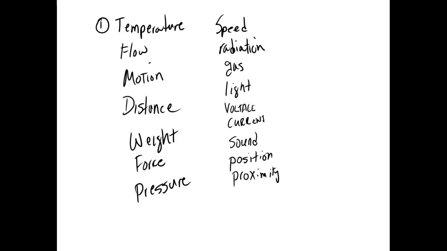Anybody know the difference between a position sensor and a proximity sensor? Well, position is where it's at within a space, right? Proximity means next to. We have a bunch of proximity sensors because all we want to do is know when it's at a spot. We don't care where it's at till it gets there, and we don't care where it's at when it leaves.